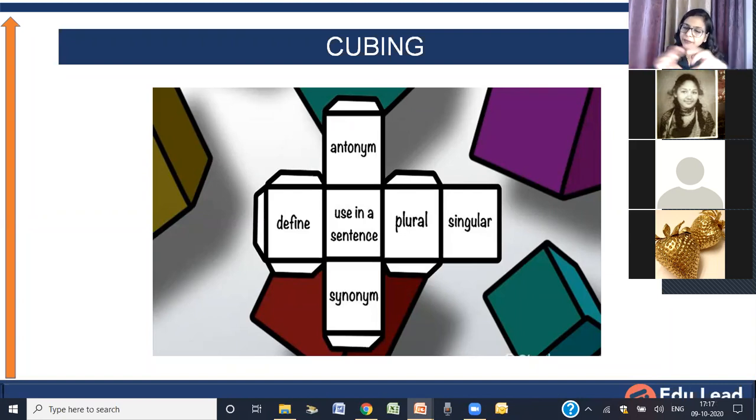So you can give one face of the cube to each group. Or you can create different levels of words, slightly easy words and slightly difficult words, and then you can have ability groups. So you can see how many different ways there are in which we are using cubing.